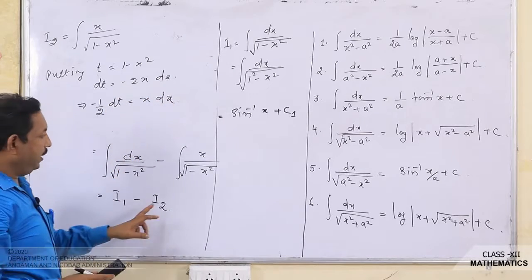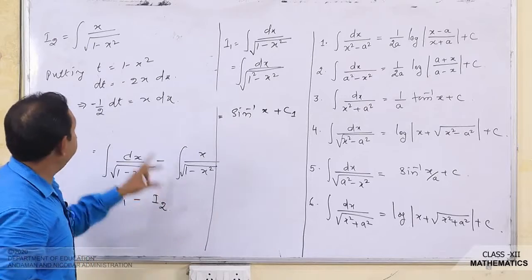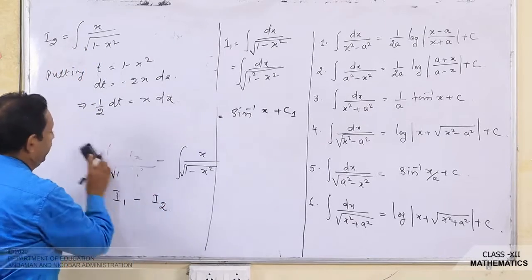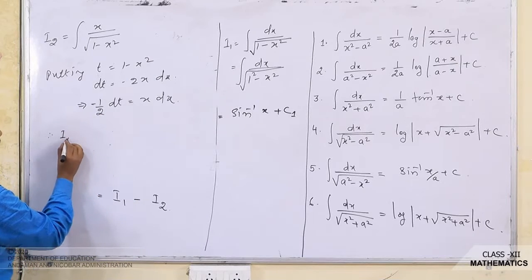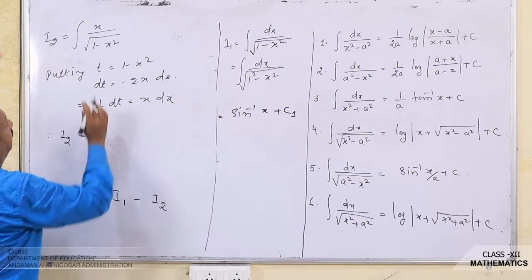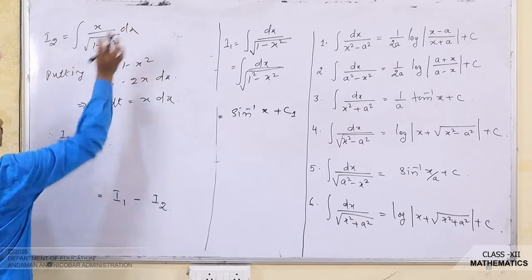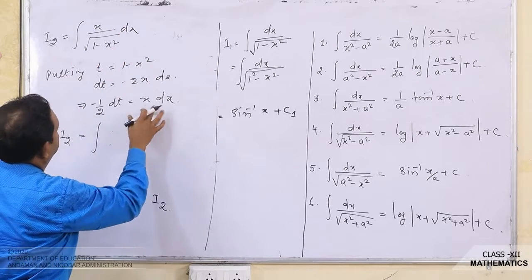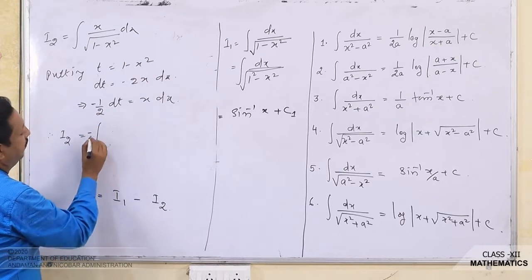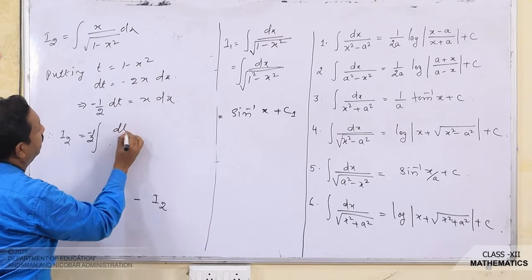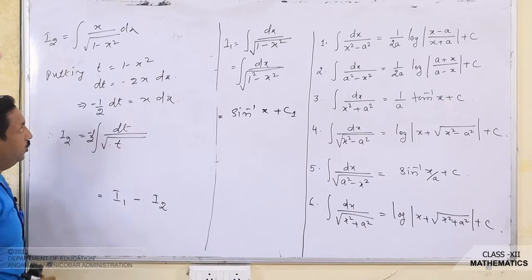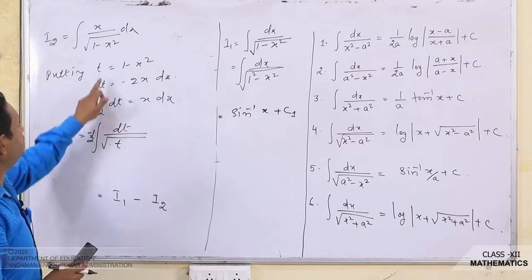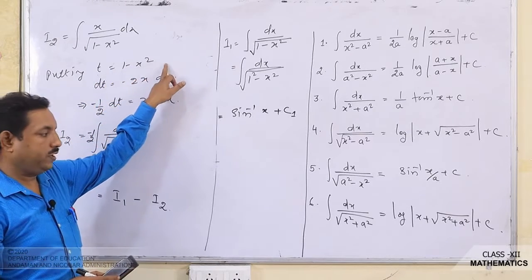Now we can replace in this I2, so our I2 becomes, x dx replaced by minus 1 by 2 dt, upon under root of t, because t equals 1 minus x square.